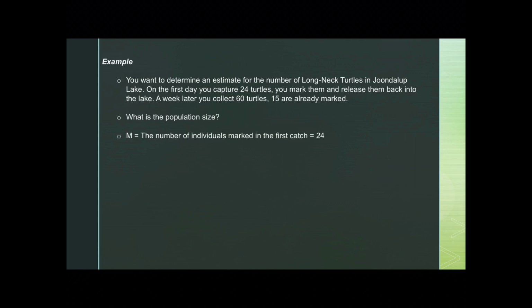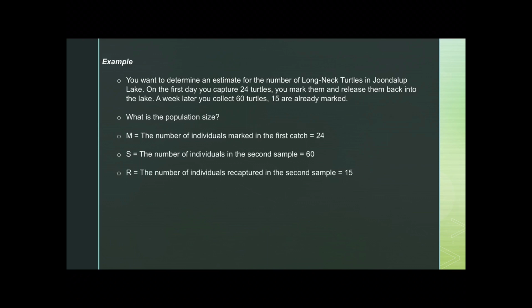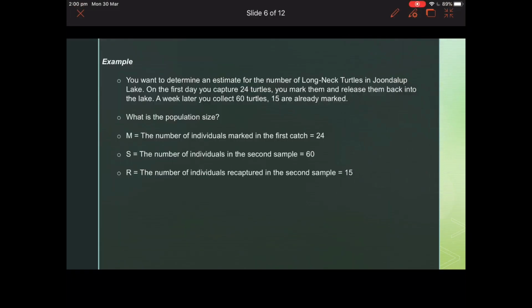So M, which represents the number of individuals marked in the first catch, must be 24. The number of individuals collected in the second sample is 60, and that is represented by the letter S. And the number of individuals recaptured in the second sample is 15, and we use the letter R for that one. So I'll just walk you through this process quickly.